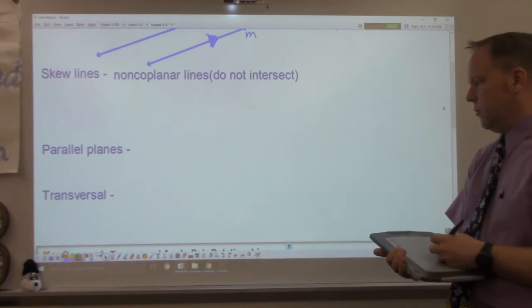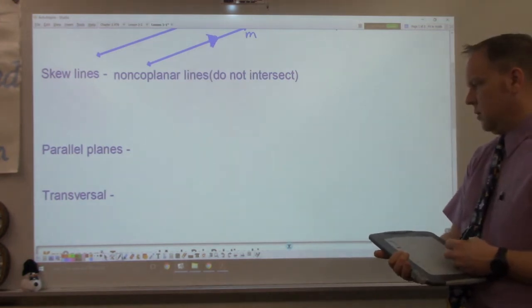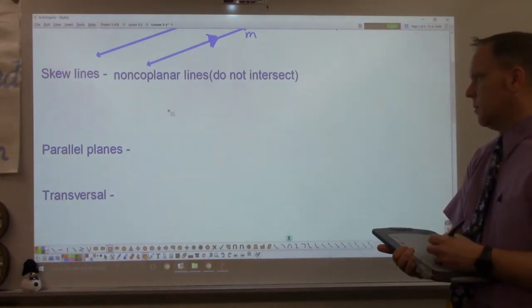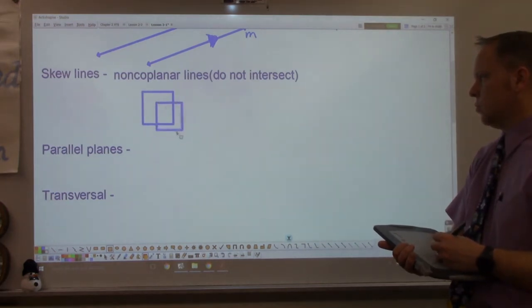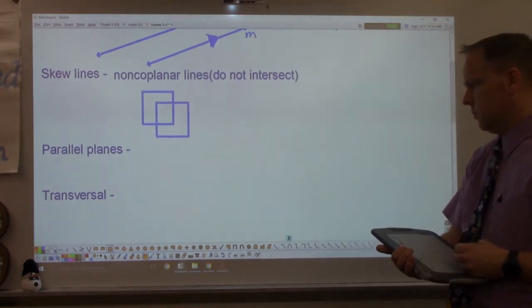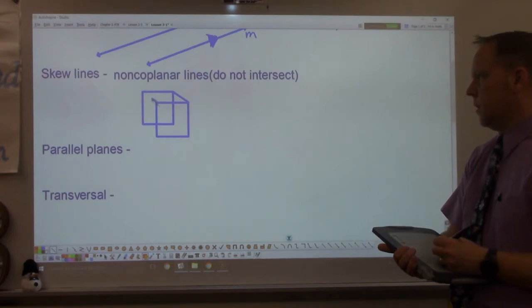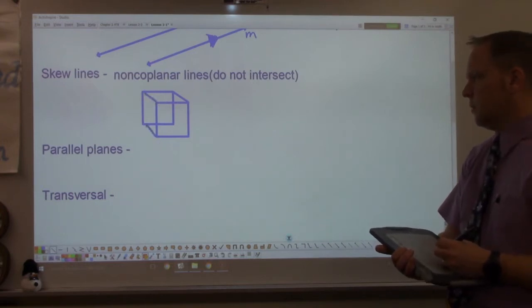The textbook, what they will do is they will draw a sketch something like this. Now we'll refer to the segments or the edges of this prism to denote skew lines.